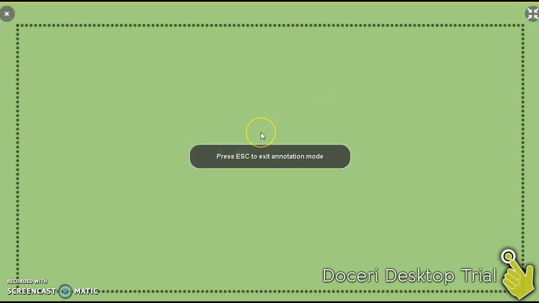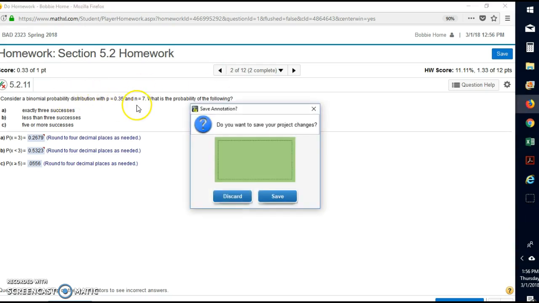Okay, so let's look at it. I'm going to make it really small so hopefully we can get everything on this slide. So we know that N is 7, P is 0.35, and we want X to be 3.